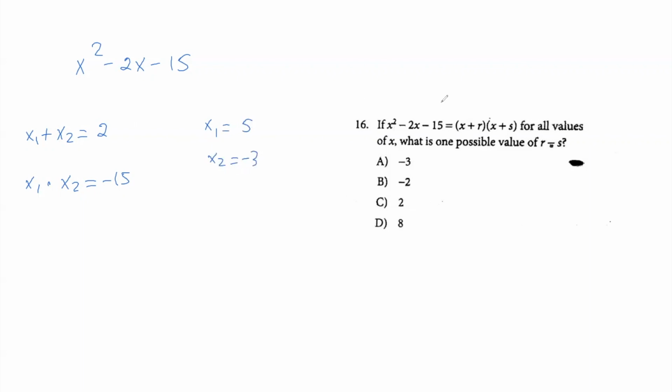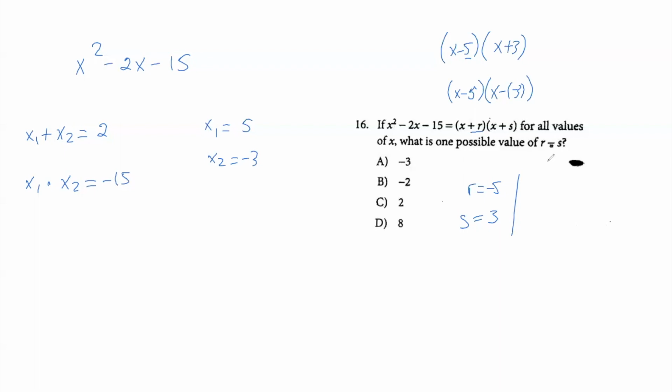So can we write the roots the same as x minus x1, x minus x2? So as you see, it is like x minus 5 and x plus 3. It means r is minus 5, s is plus 3. They ask for r minus s.